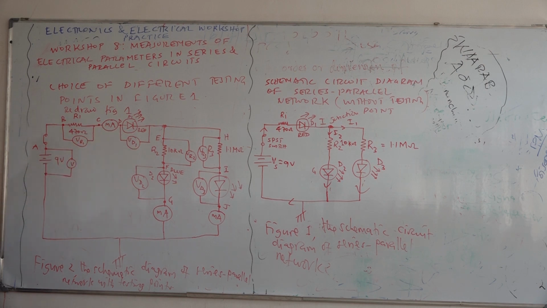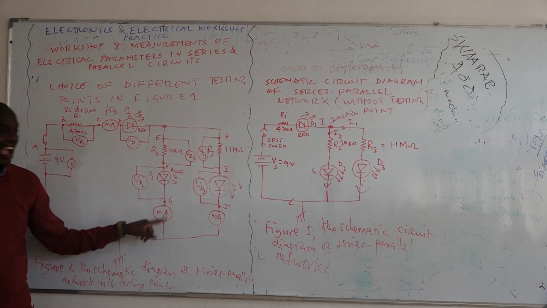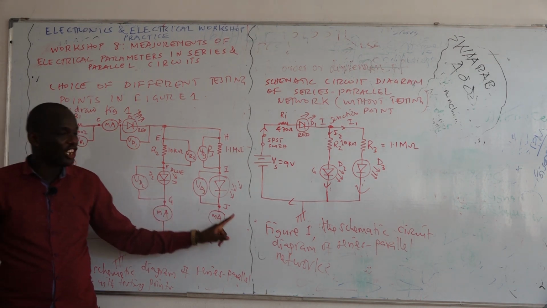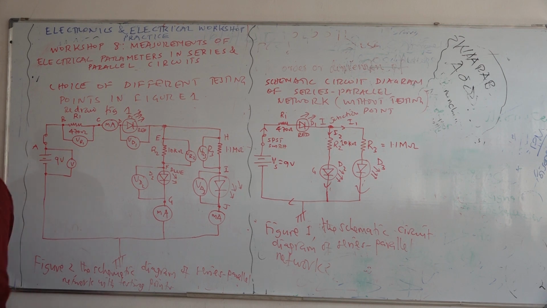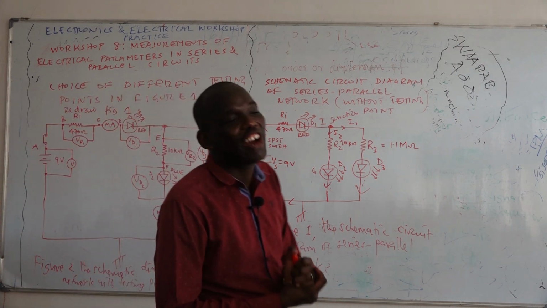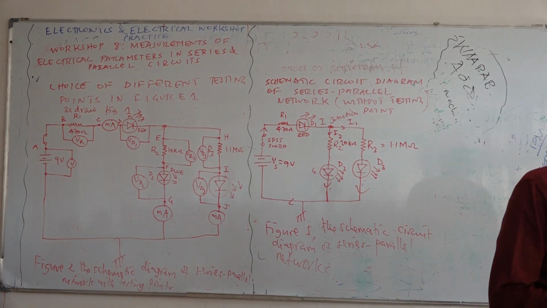But for this network, we chose point G after the diode. And for this point, we chose point J after the diode. That is his question. Who can answer? Who can try? Mavumba? Yes.